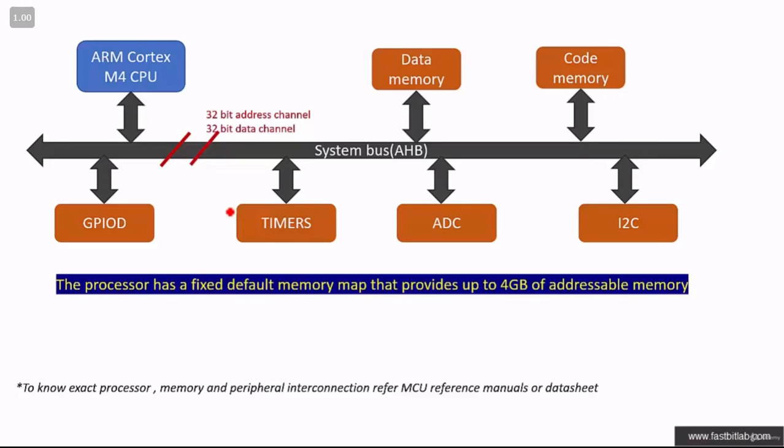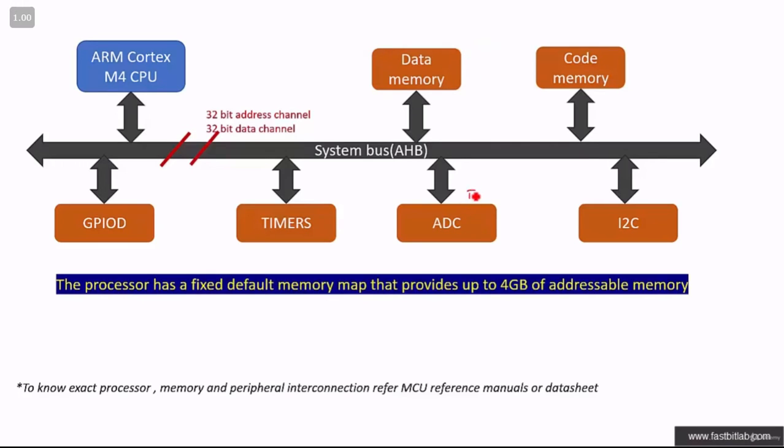There are various peripherals on the microcontroller. The processor also communicates with the memory. There are mainly two types of memories: code memory and data memory. Code memory is the place where you keep instructions of the program, and the data memory is where you store temporary data of the program.